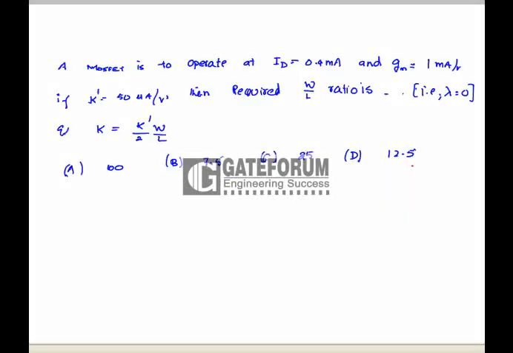A MOSFET is to operate at ID equals to 0.4 milliamps and gm is equal to 1 milliamp per volt. If K dash is equal to 50 microamps per volt square, then the required W by L ratio is. Here we are neglecting channel length modulation, that's why lambda equals to 0. So ID is equal to 1 by 2 K dash W by L (VGS minus VT) whole square. Now in order to decide W by L we have to know VGS minus VT.